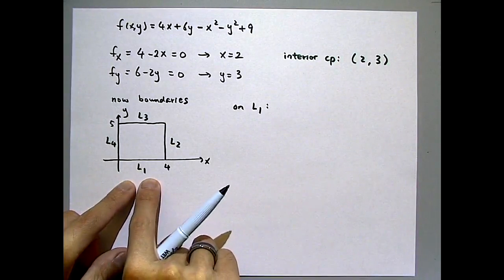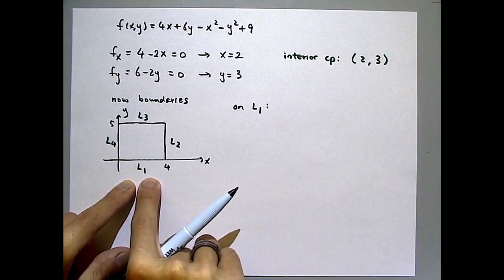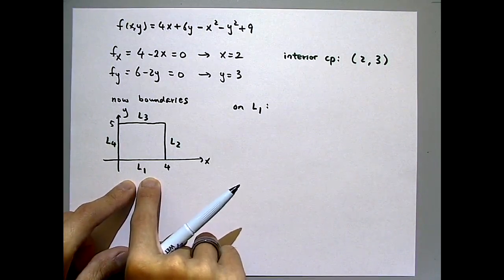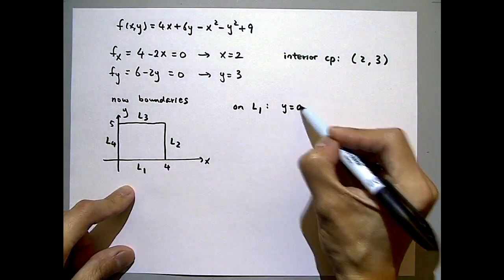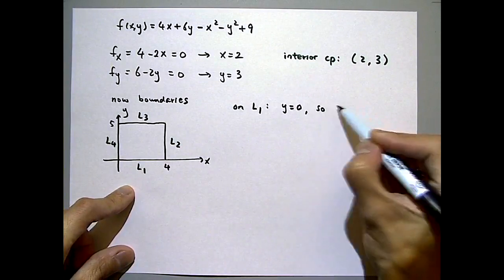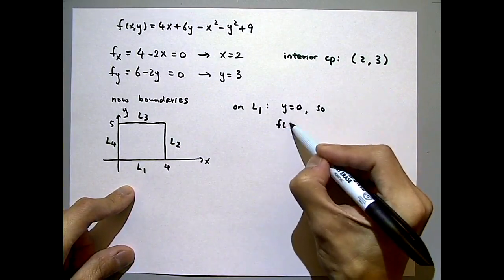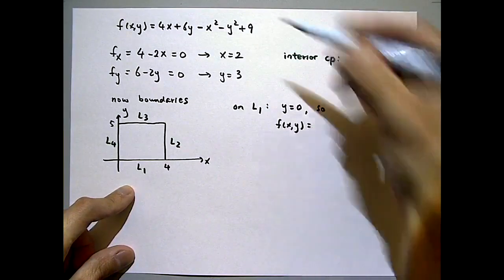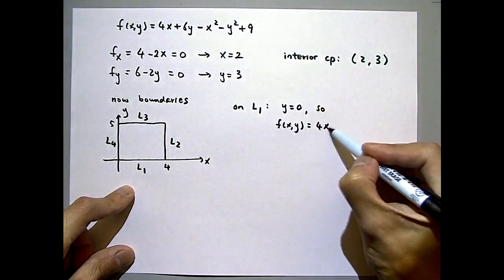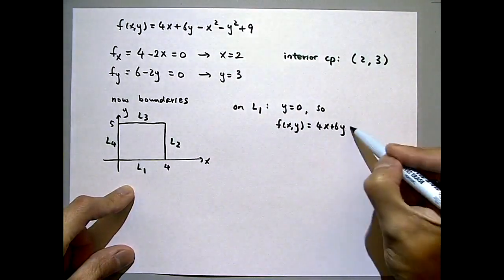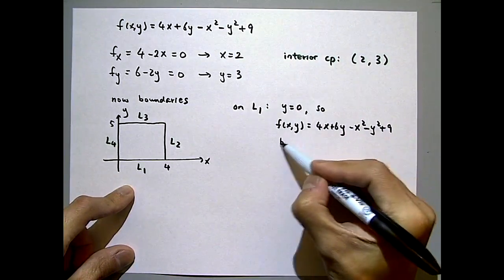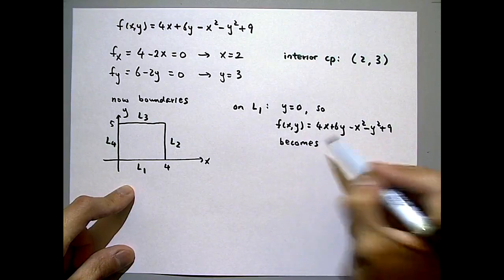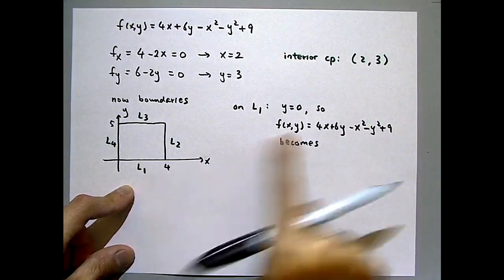Notice that on L1, y is forever 0, right? So the 2 variable function we started with becomes a function of 1 variable because y is now 0.